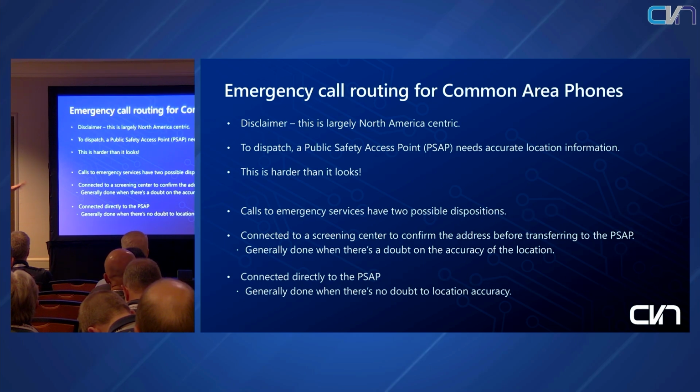And so there's two ways that emergency calls get handled. One is they get directly connected to this public safety access point. We're only going to do that if we have really high confidence that this address is accurate, that it actually represents where the user is.